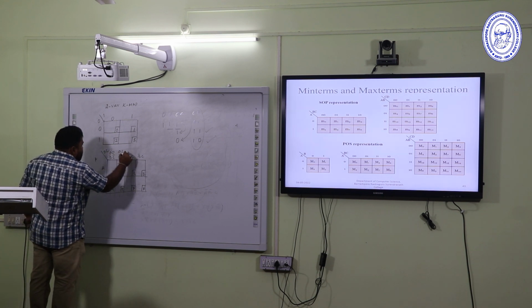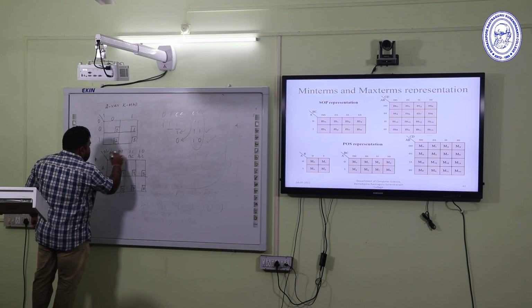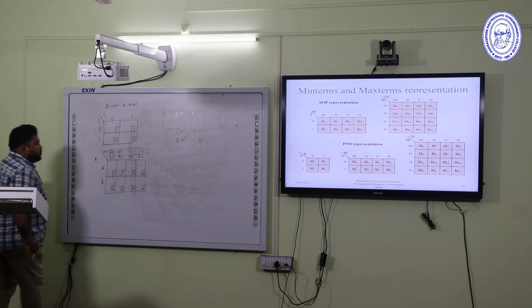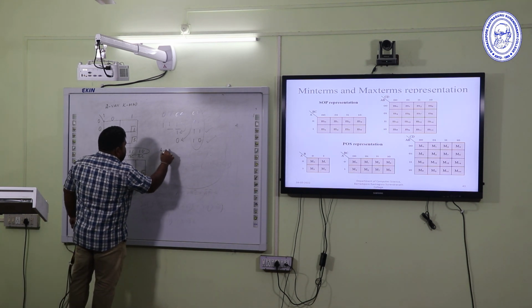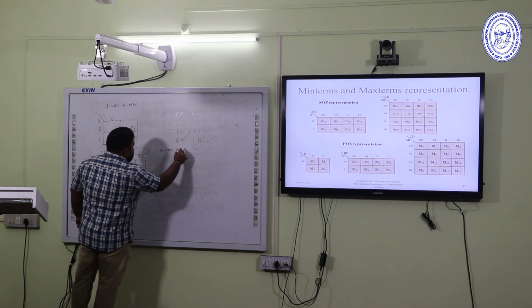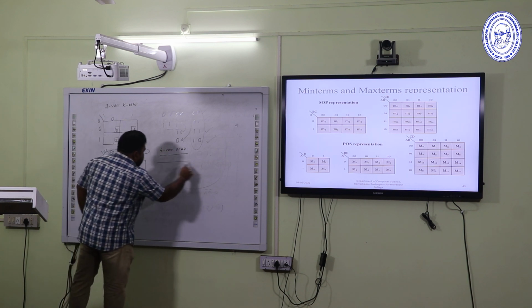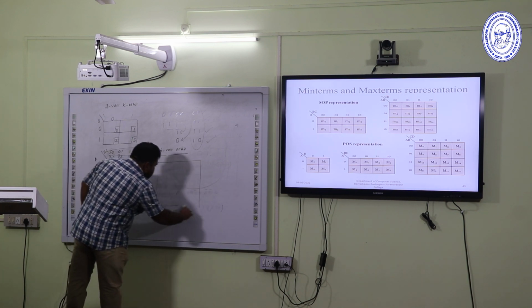That is 0, 1, 3, 2, 4, 5, 7, 6. This means 0 0, 0 1, 1 1, 1 0. And for the 4 variable map, there will be 16 cells.